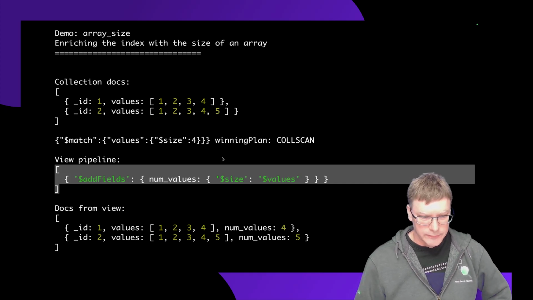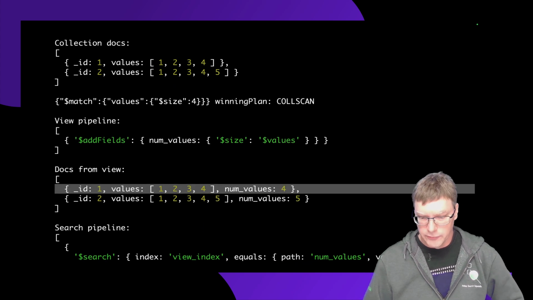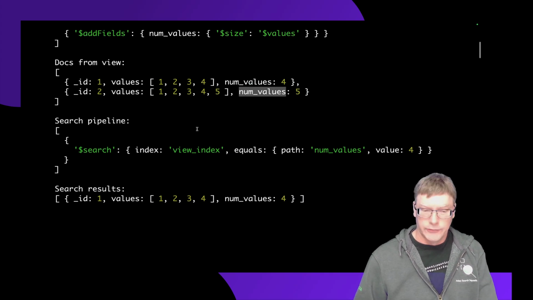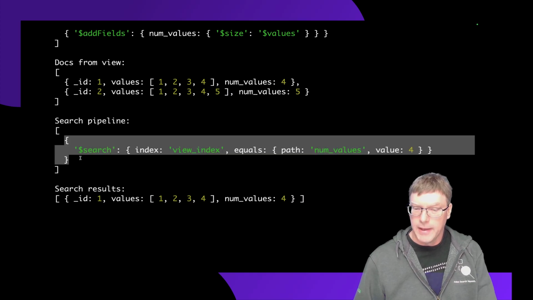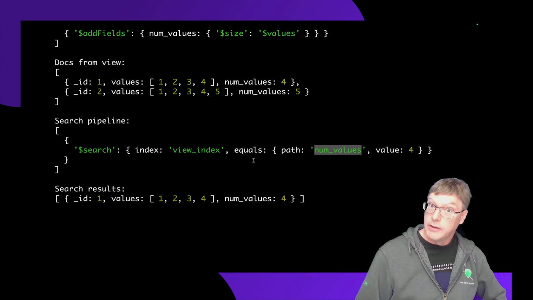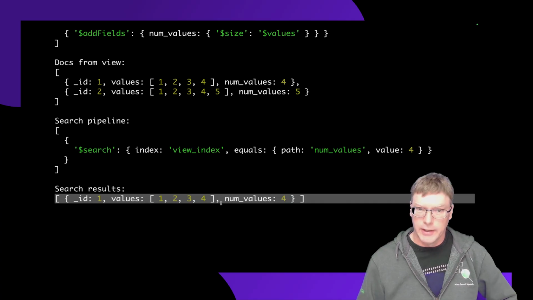And we can take a look at the view, and we'll see here that the view presents the new field that we created. At that point, we can now create a search index off of the view and then do a search on that computed value. And voila, we're able to match that document in a very performant, scalable manner.